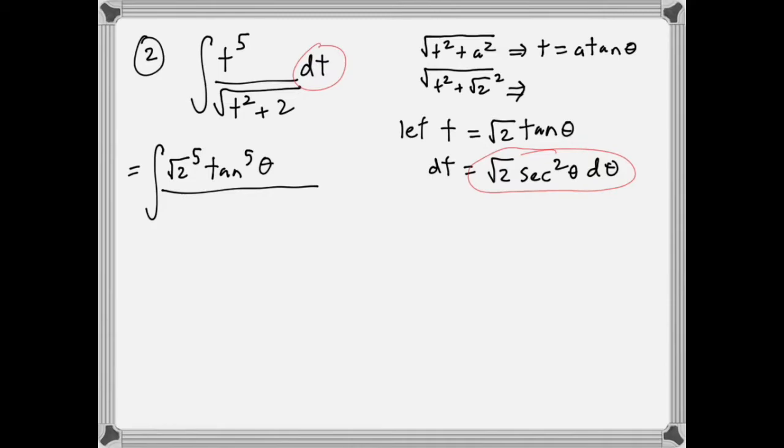And then let me write down our dt. dt is square root of 2 secant squared theta. Here's our d theta. And then our denominator is going to be the square root of, what is t squared? If you square the square root of 2 tan theta, I get 2 tan squared theta and then plus 2.